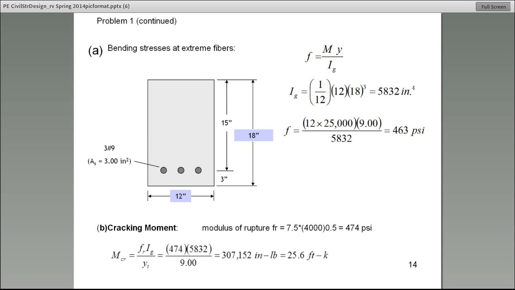We have the base, which is 12. h, in this case, we are using 18, the entire depth. And that's what we mean. This will be the gross. And you may ask, is there a time that we would not be using the entire cross-section? Yes, absolutely. And I will tell you that in just a minute.